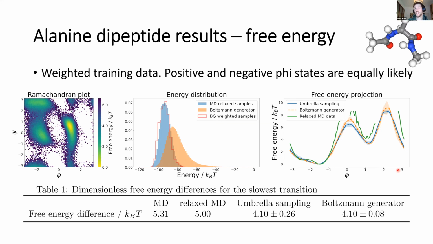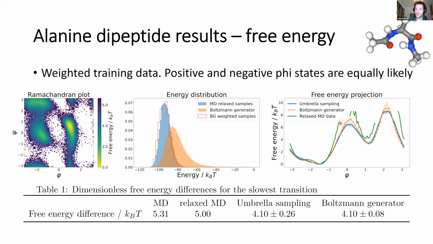And what you can see here, this free energy projection is basically the projection of this Ramachandran plot onto this axis. And the Boltzmann samples now are reweighted with respect to the target, which is the semi-empirical force field. And you can see here, the free energy distribution matches very well.